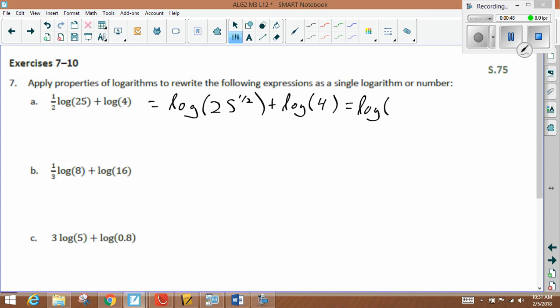So this is log of 5 plus log of 4. And then I'm going to use my multiplication property to turn that from a sum into a logarithm.